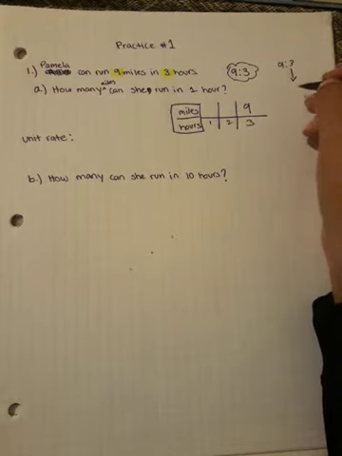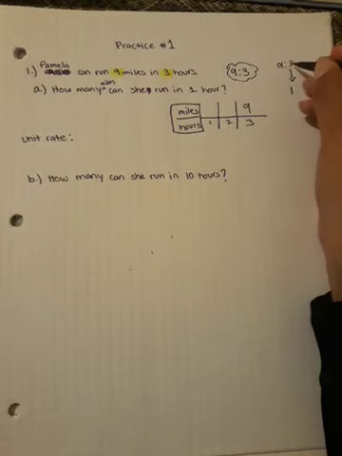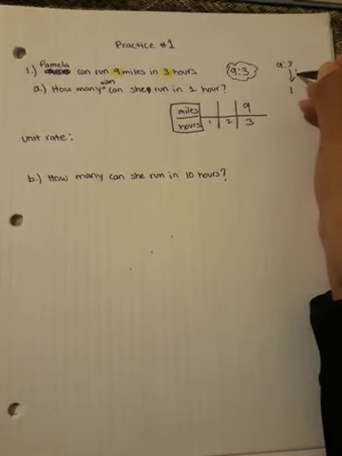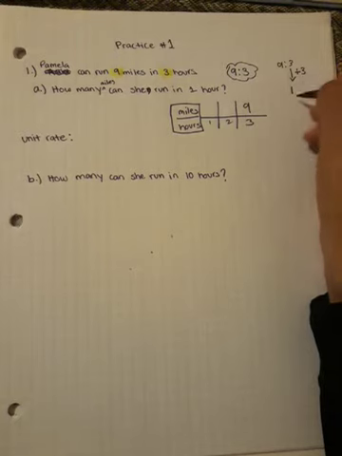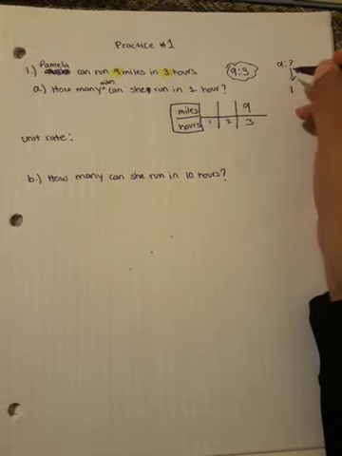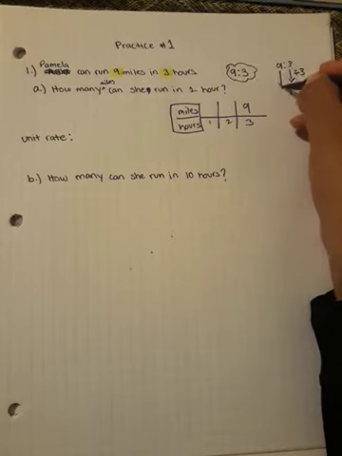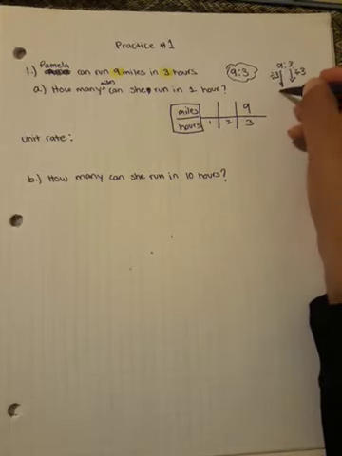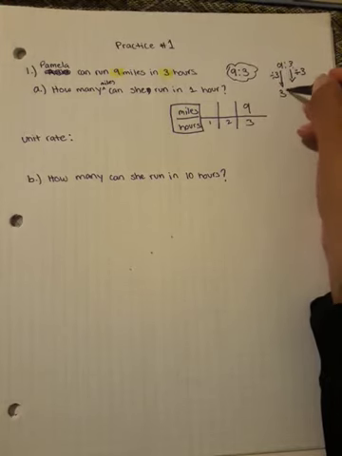So 3 down to 1. From 3 to 1, I divided by 3. And if I divided that side by 3, I also need to divide this side by 3. 9 divided by 3 is 3. So this becomes my new ratio, right?